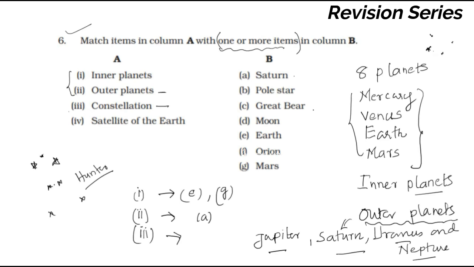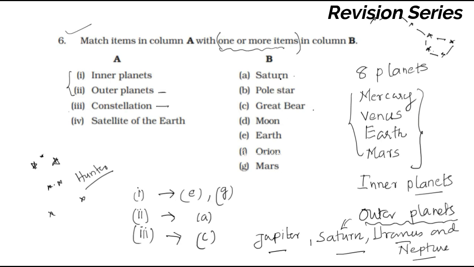One star is here, then the first rectangle is formed, and then 3 more stars. Okay, and so it looks like a dipper, and this constellation is also called Great Bear or Saptarshi Mandala. So our constellation is Great Bear, that is third one is C.